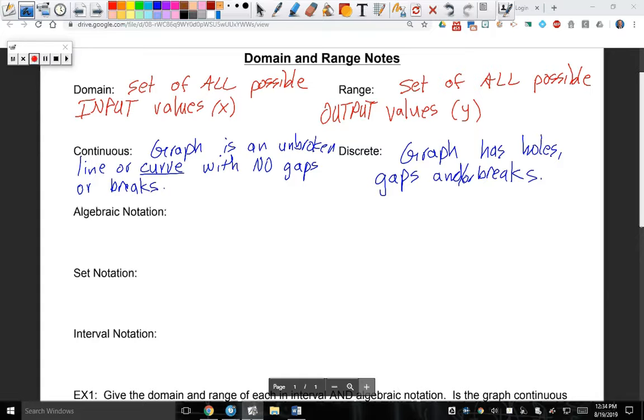All right. Algebraic notation. Algebraic notation is going to describe a set of numbers using algebraic symbols.